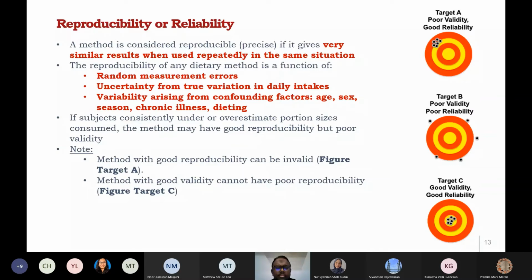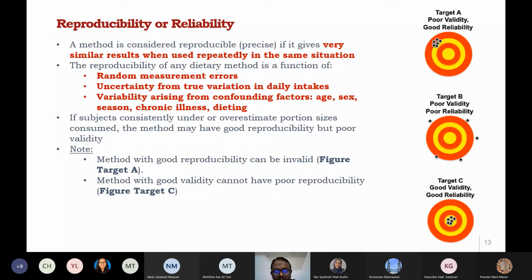So if subjects consistently under or overestimate portion sizes consumed, the method may have good reproducibility but poor validity. If every time you do a diet recall, the respondent overestimates the similar portion size, it means that it has good reproducibility, but that is not correct because they are overestimating their intake.